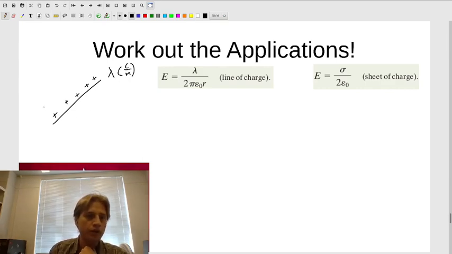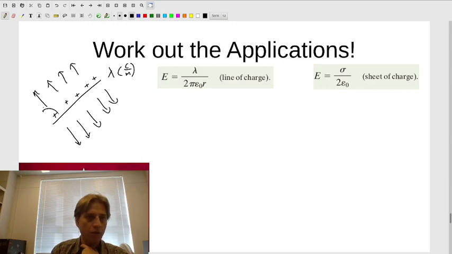Now, I contend that the electric field from this is going to be pointing radially outward because all of the contributions from one side and the other side are going to cancel out. The only ones that are going to add constructively are the ones that are pointing out. So my electric field vectors are pointing out at all points on this line.